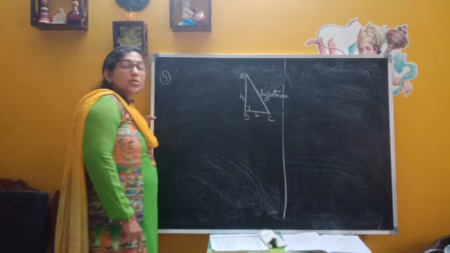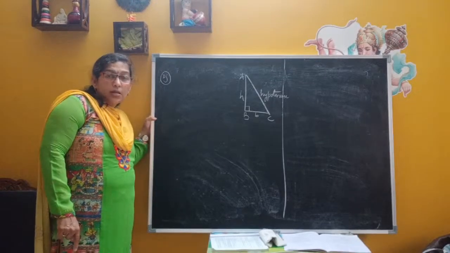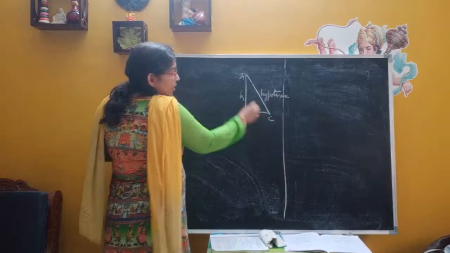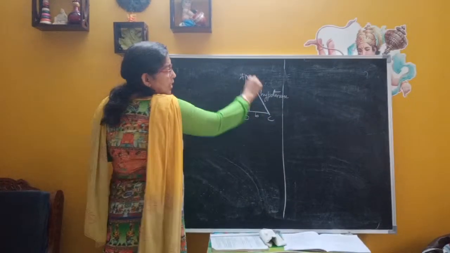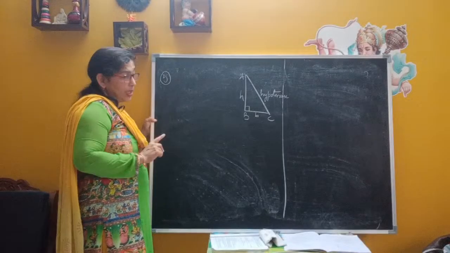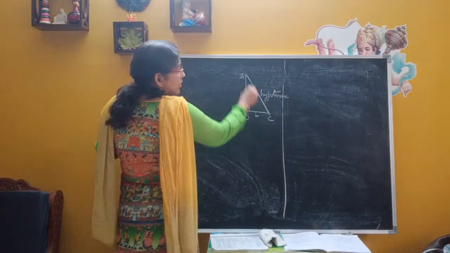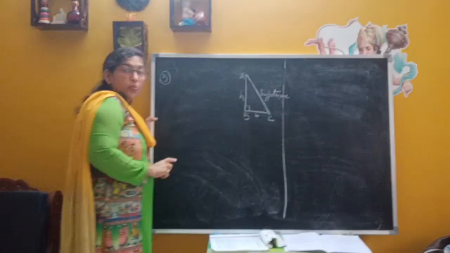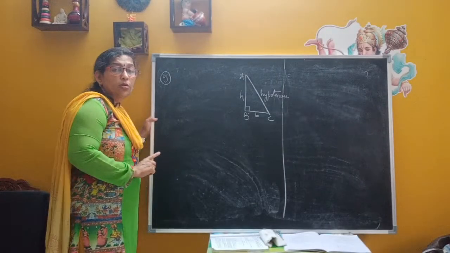What is Pythagoras theorem? Pythagoras theorem states that in a right angle triangle, base square plus height square is equal to hypotenuse square. So based on this property, we are going to solve this problem.